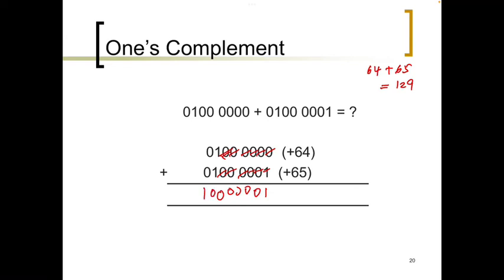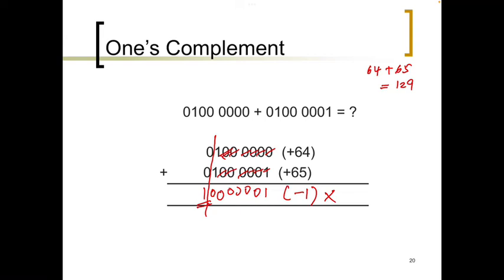If you can see here, the 1 here means that it is negative, right? It represents the sign. So the answer here is negative, so this is not the right answer. So what can we do?